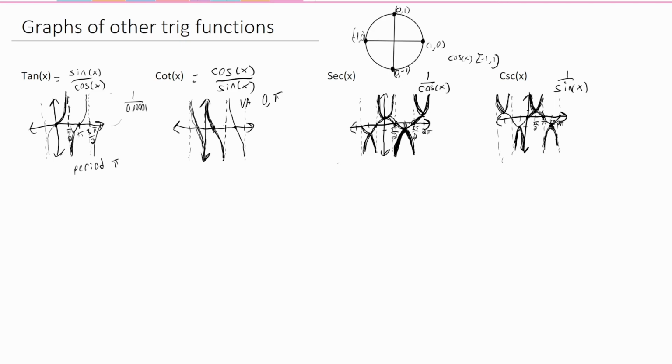Now, for tangent and cotangent, both of these had a period of pi, because the cycle repeated twice as often. So we have a full cycle between 0 and pi here, and between -pi over 2 and pi over 2 here.